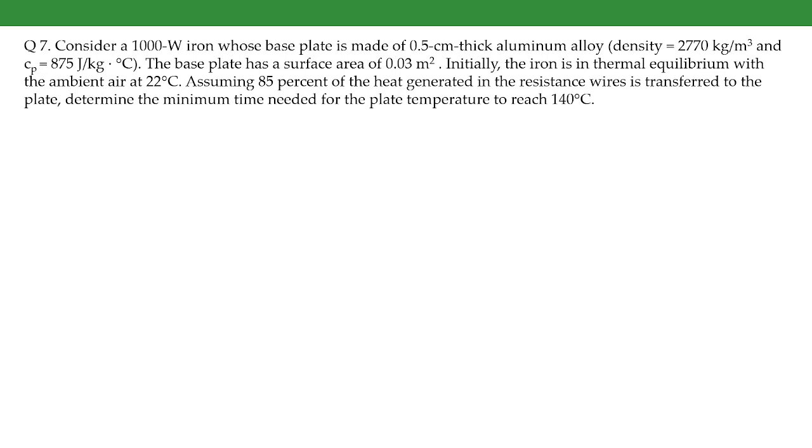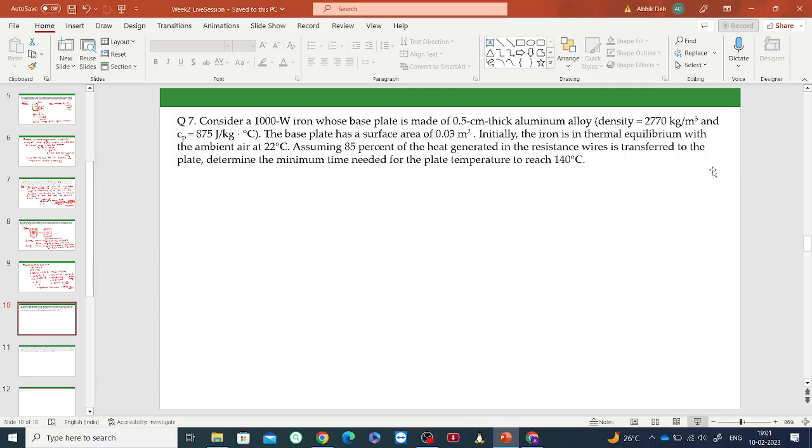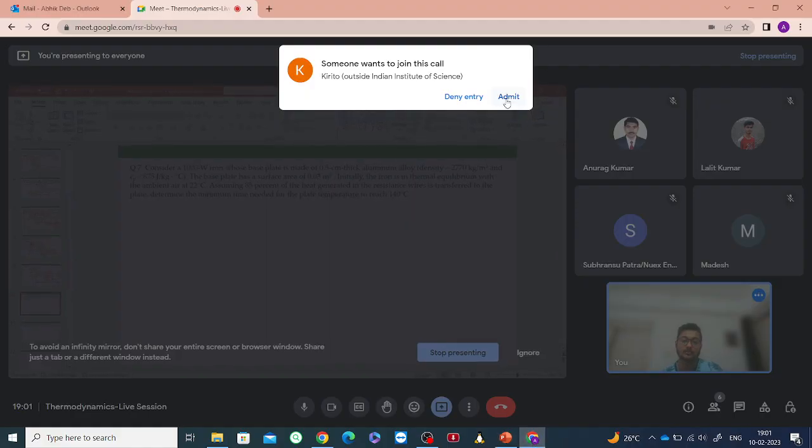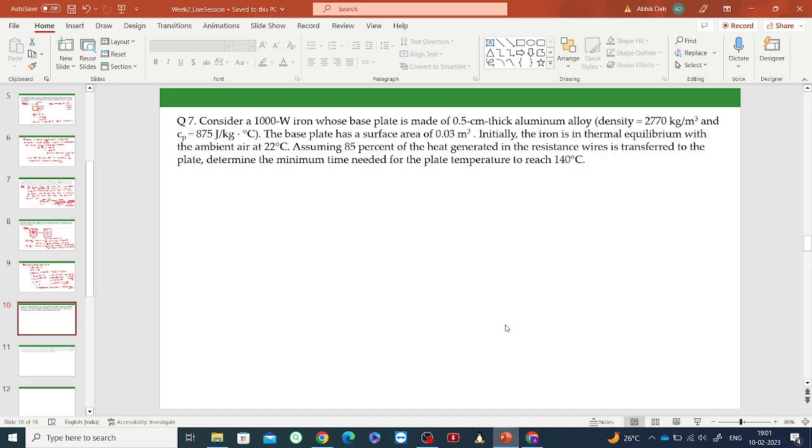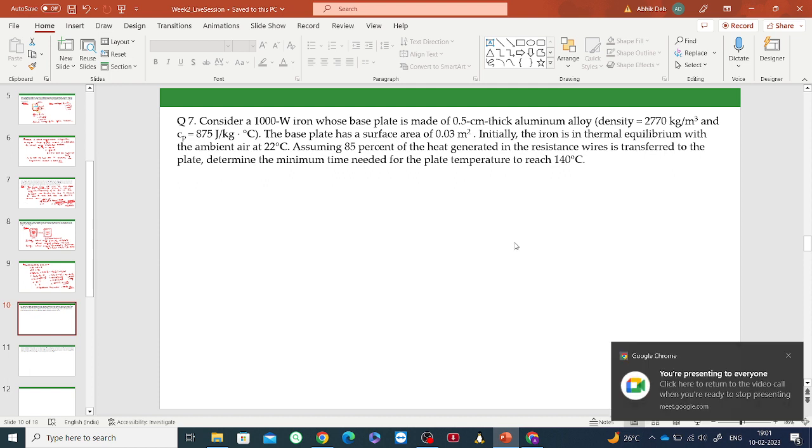We are considering a 1000-watt iron whose base plate is made of a 0.5 centimeter thick aluminum alloy, whose density is 2770 kg per meter cube, and the specific heat is 875 joule per kg degree Celsius.